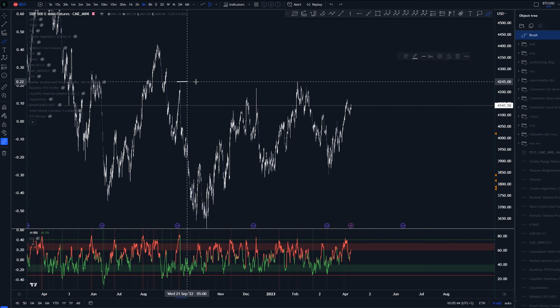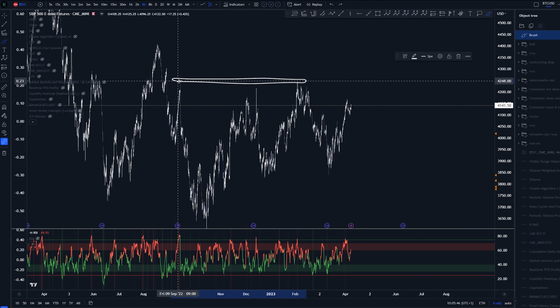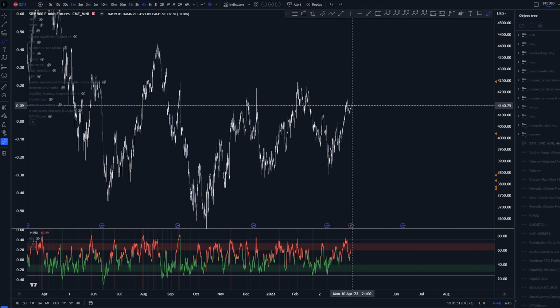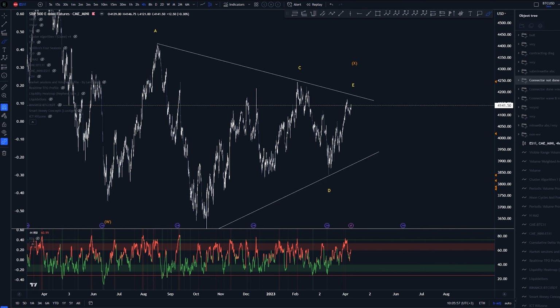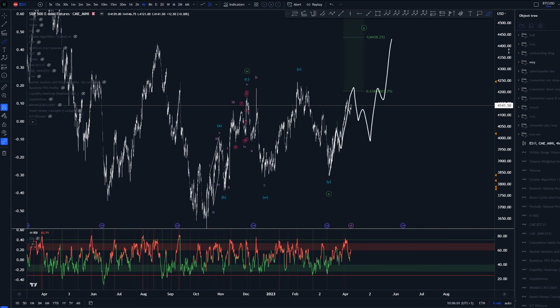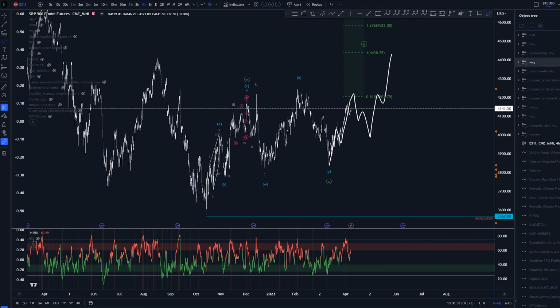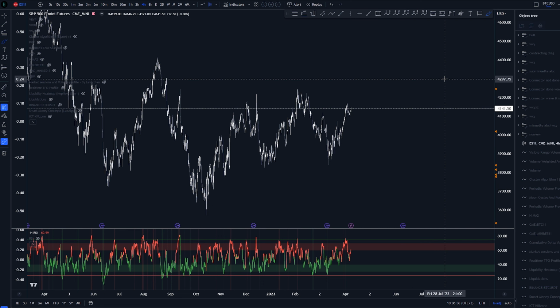So again, there is resting liquidity up in here for sure, and that is what we would be targeting. If we fail to target that, or if we fail to get up there, we would be concentrating more on the triangle count. If we do take these out, then I think the WXY count is the one to go to. I think that's all we want to be talking about now.